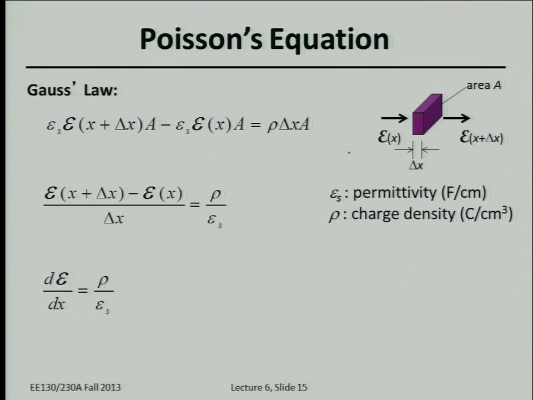Now, all Poisson's equation says is that if you look at this bottom equation here, if the electric field is changing with distance, that means you must have some charge somewhere in your semiconductor. So in this case, if for some reason you have a negative charge here, then the electric field strength is changing.